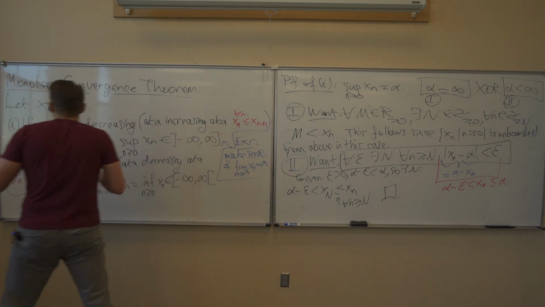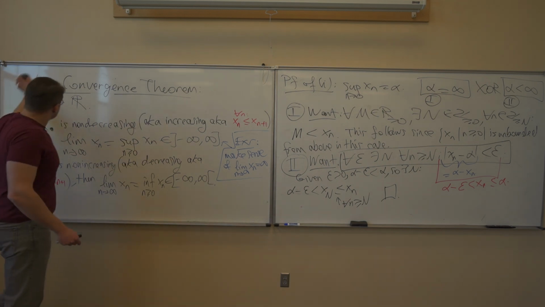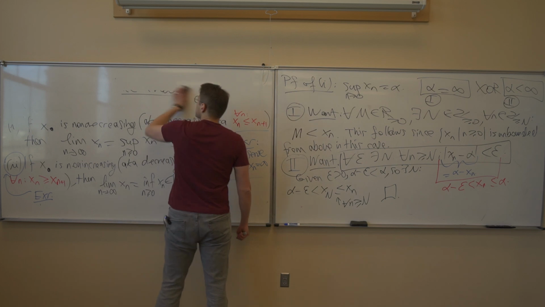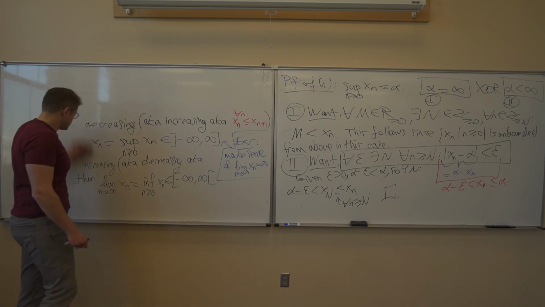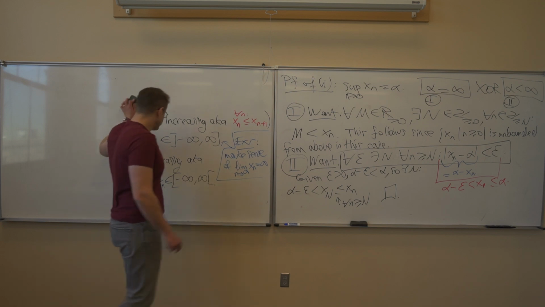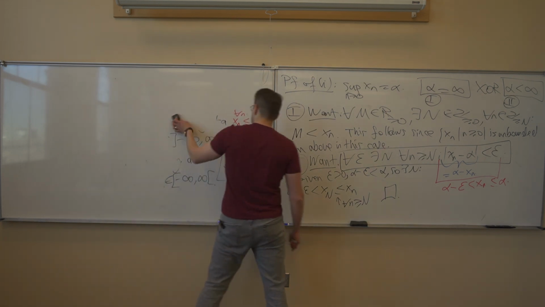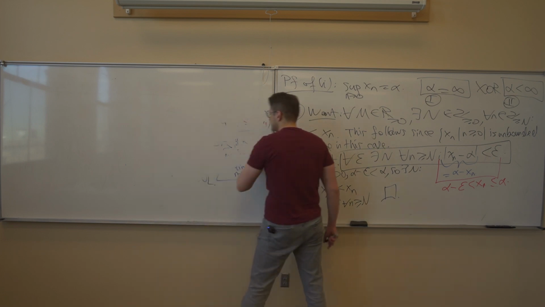But what we're going to do is have, again, let's say, a monotone sequence of intervals. If I have a decreasing sequence of closed and bounded intervals, I want to say something about their intersection.